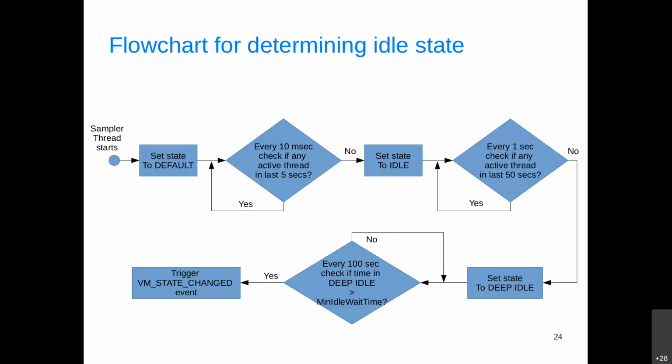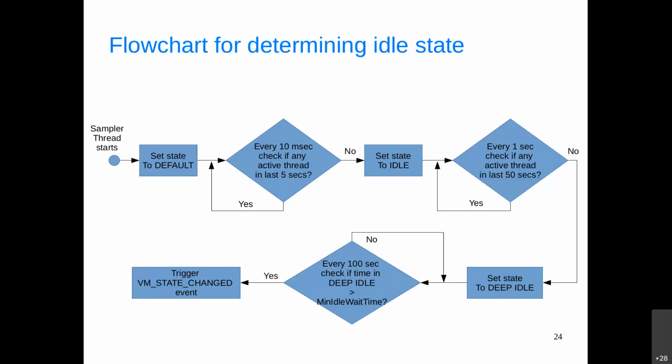For example, it collects the CPU usage, or it performs JIT state detection and class loading phase detection. And to regulate its own CPU usage, it has a notion of state, so it can transition from active state to the idle state and to deep idle, and in each of these states, it changes its frequency so that its CPU consumption remains low.